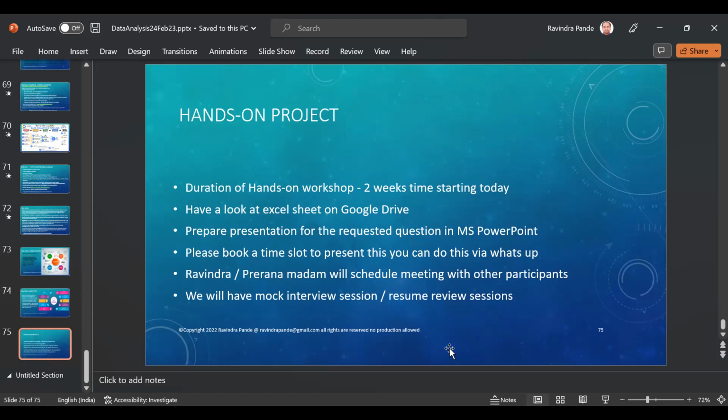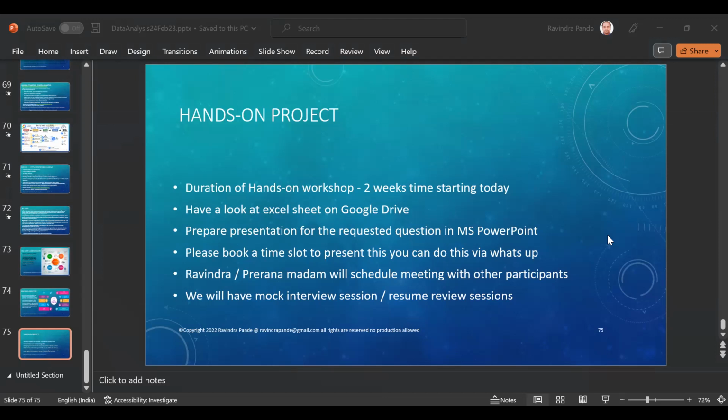For a mock interview, we might have a planned session. Let's say today is 21st, right? No, today is 20th. So when do you want to have an extra mock interview session? Who has prepared on those standard questions yet? Anyone worked on those standard interview questions? Okay, no problem. Let me rephrase.